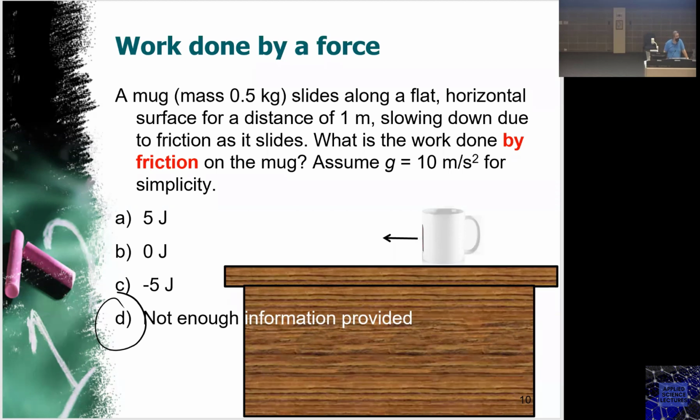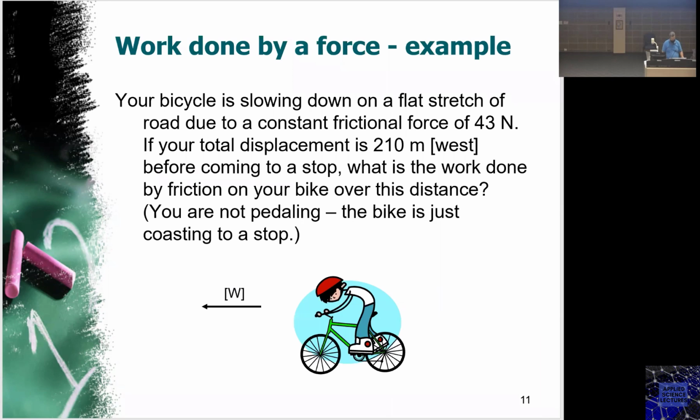And cosine 180 degrees is -1. Okay, so we're going to come to an example. In this example, we will see how to calculate the work due to friction.